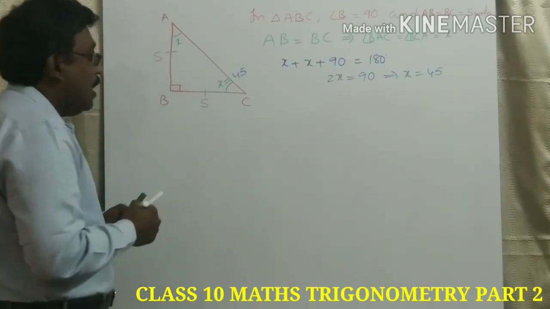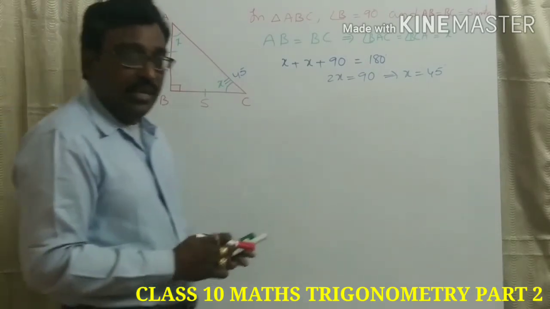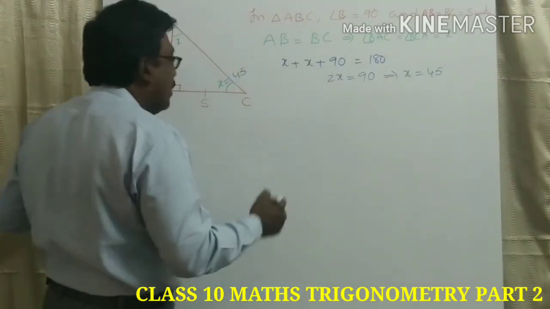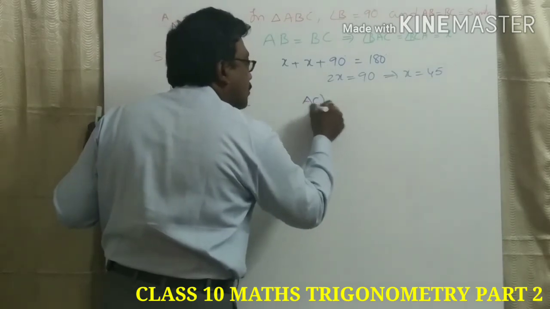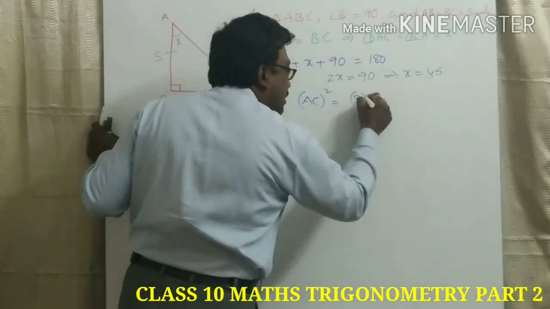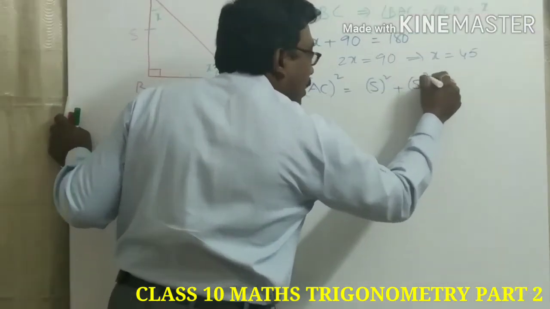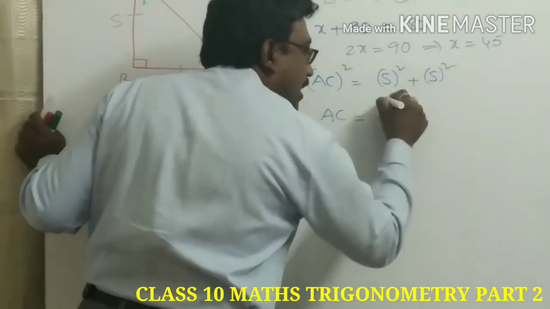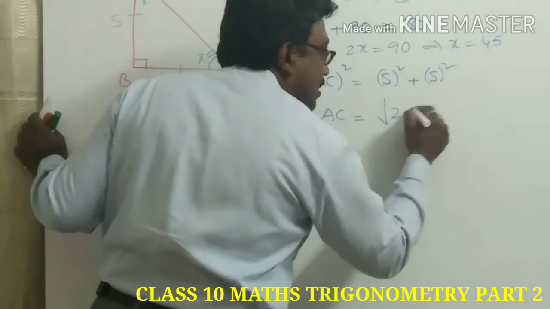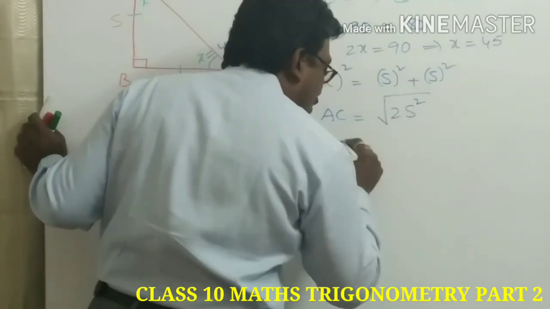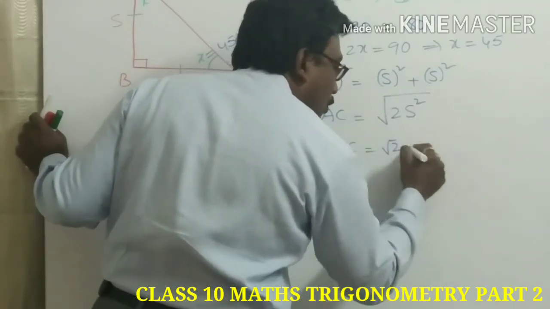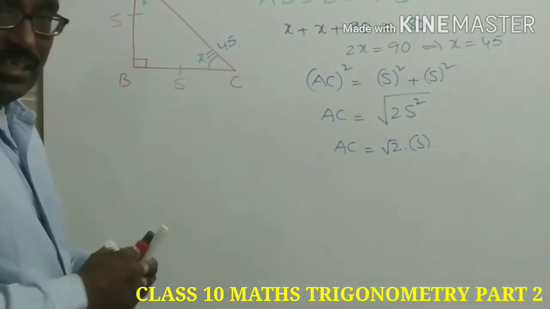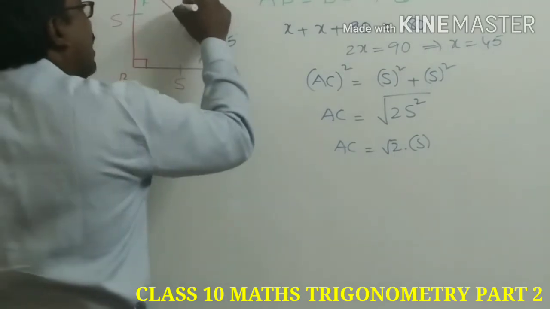Now, if I apply the Pythagoras theorem, side square plus side square is equal to hypotenuse square, then AC square is equal to S square plus S square. So AC is equal to root of 2S square, which is root 2 times S.